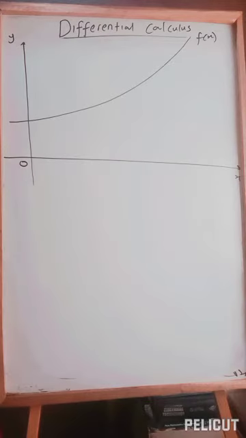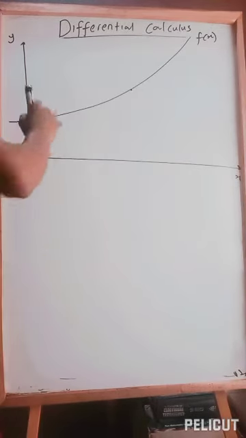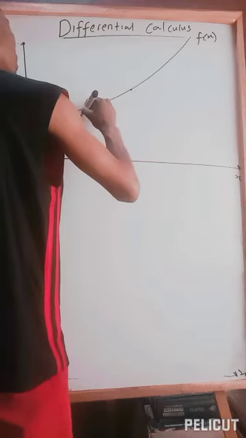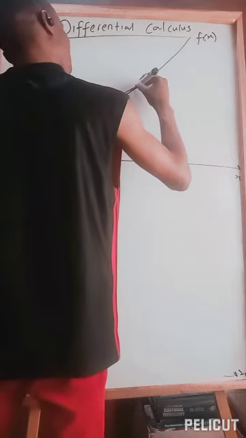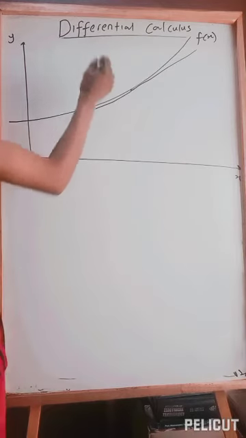I mentioned earlier that we will need to introduce a straight line that touches this curve at just one point, because whenever you are finding the slope of a curve, you are finding the slope at a particular point, because the slope is different along the curve. So let's assume we're interested in finding the slope at this point. At this point, I can introduce a straight line that touches the curve at just that point.